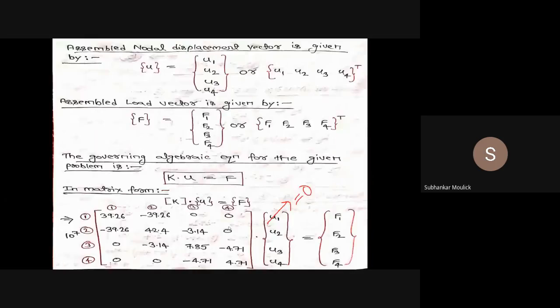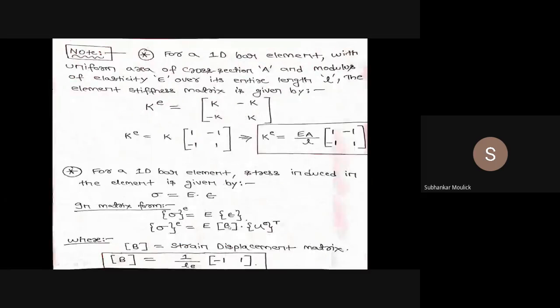For that, I have to use the stress equation. I know what my stress equation is. The stress present in any element is equal to the modulus of elasticity E into the strain displacement matrix, which is nothing but this particular matrix, into the assembled nodal displacement vector transpose.